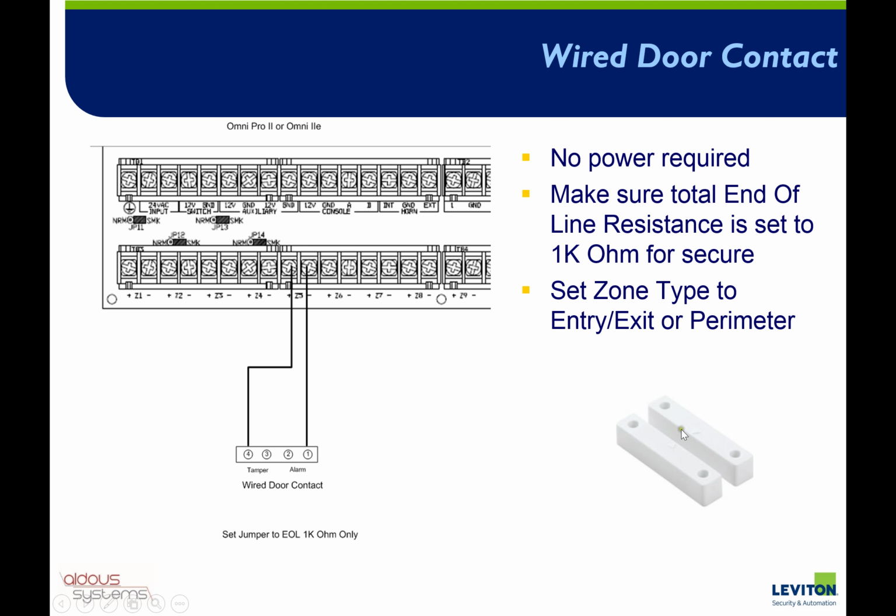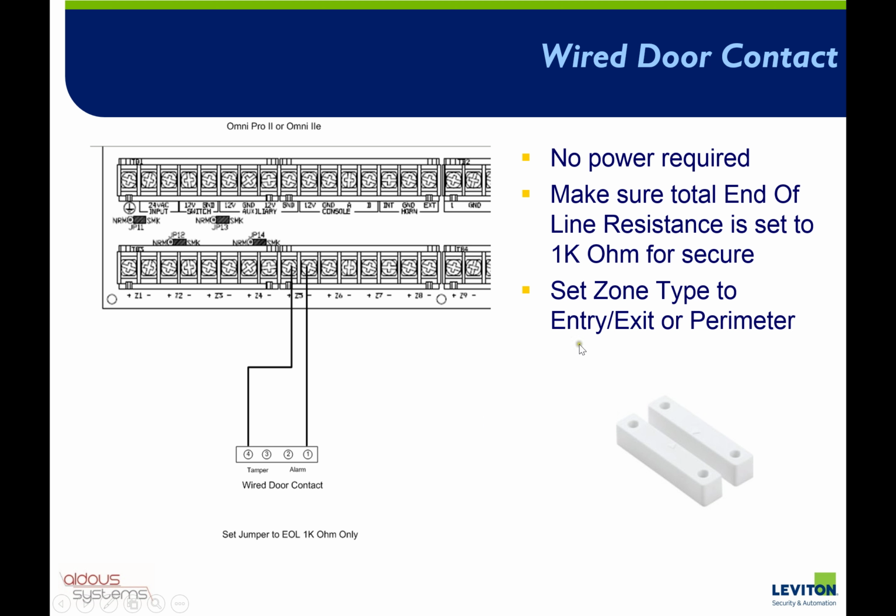And again, you need a 1k ohm resistor buried inside that little door contact, so that when it's secure, it's offering 1k ohm resistance to the system. That way, the door's closed. If the door opens, or if anyone cuts the wires or shorts them together in an attempt to bypass it, then it goes into alarm, which is not ready state.